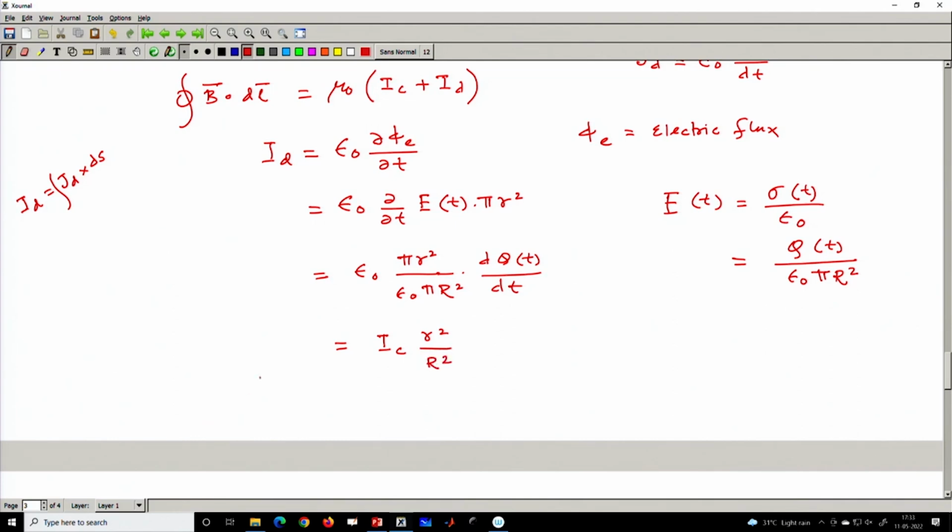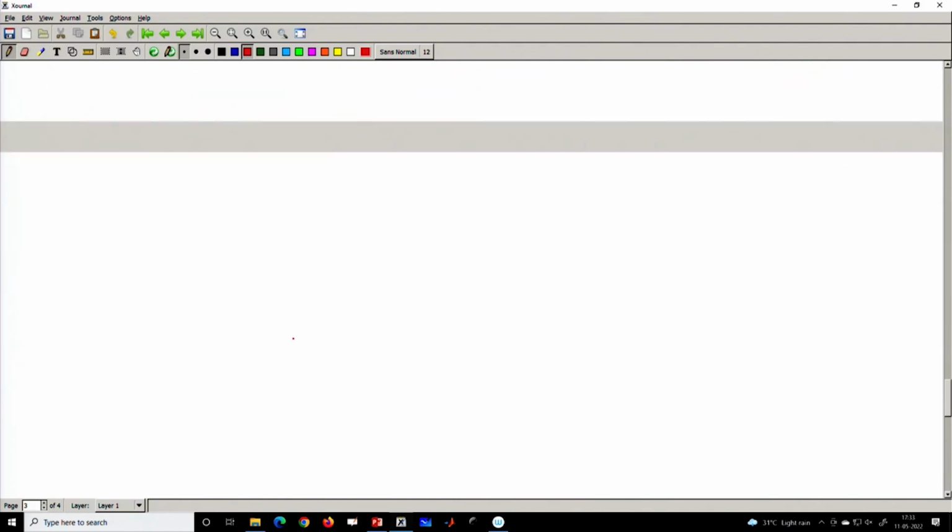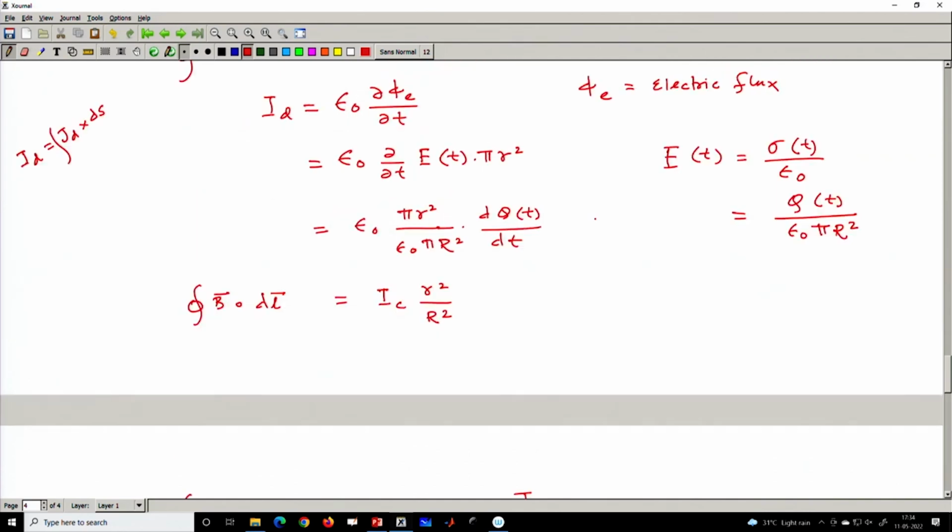From here, on the left hand side I still have B dot dl. If I want to find the value of B, the integration of B dot dl can be written as B into 2 pi r, and that is mu 0 times this quantity.